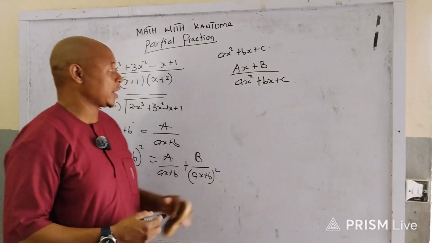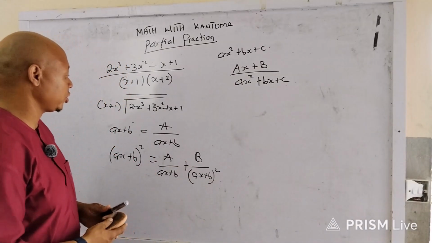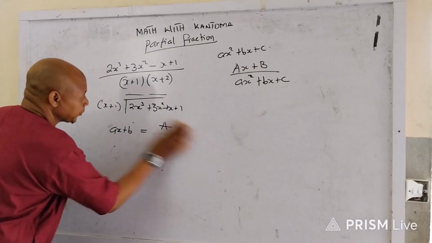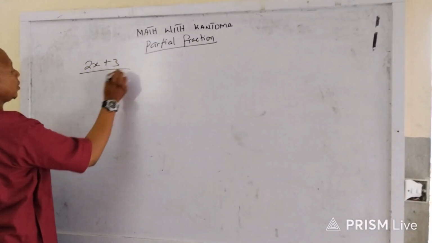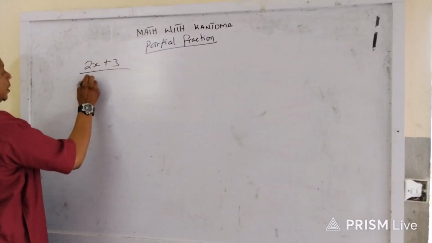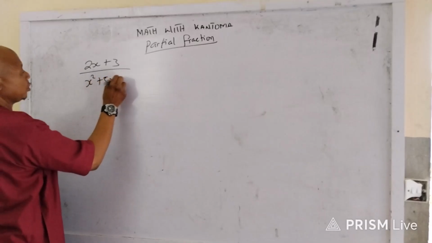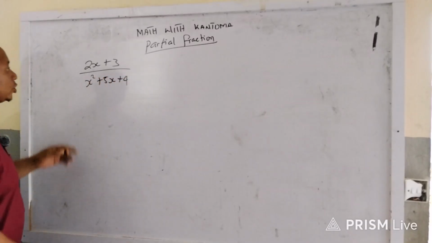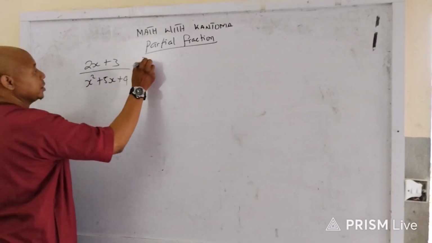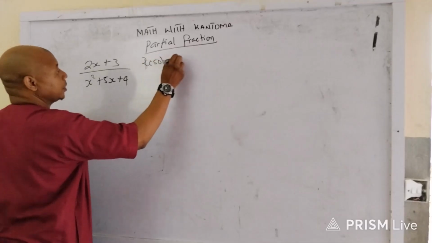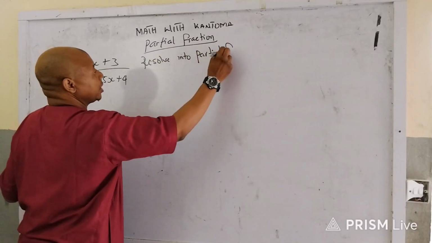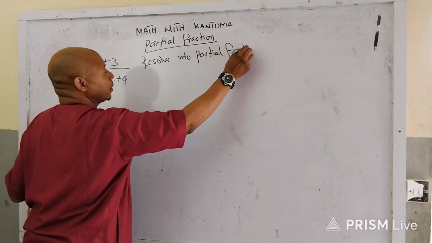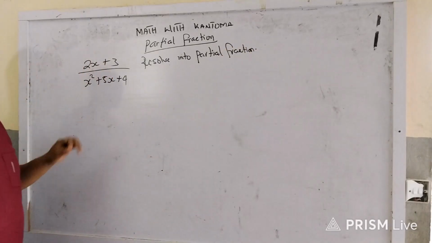So now let's look at an example. Suppose we are given 2x plus 3 all over x squared plus 5x plus 4. We are asked to resolve this into partial fractions.